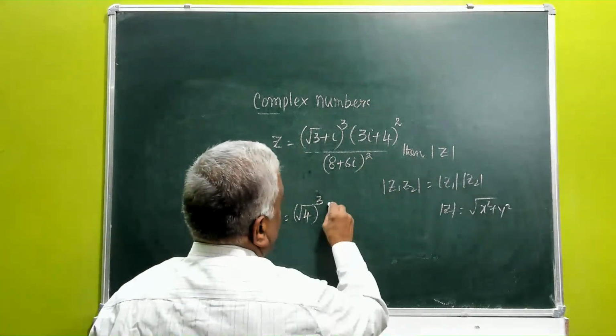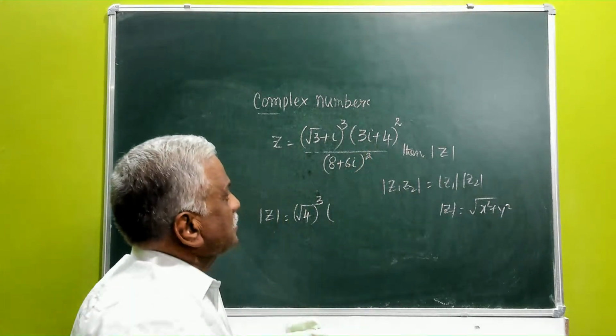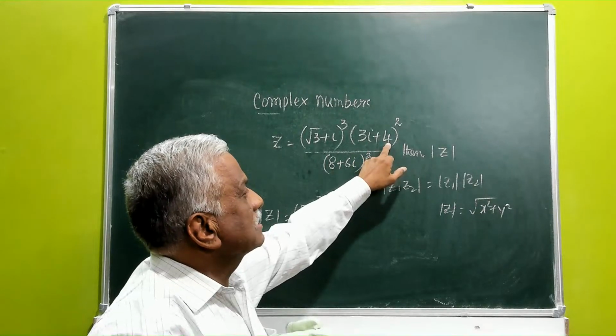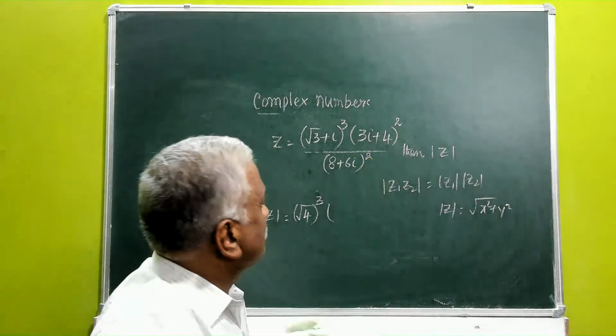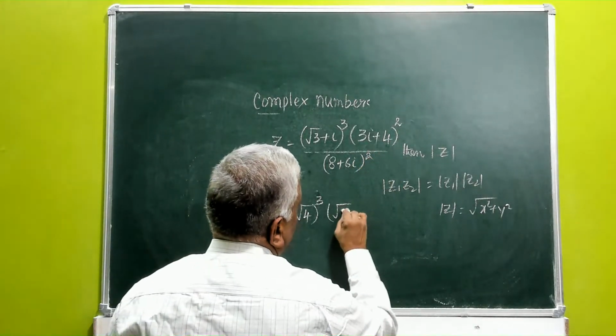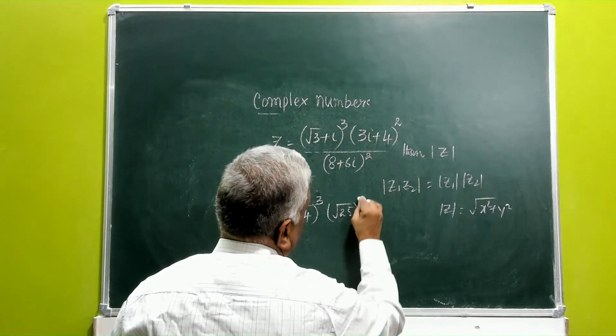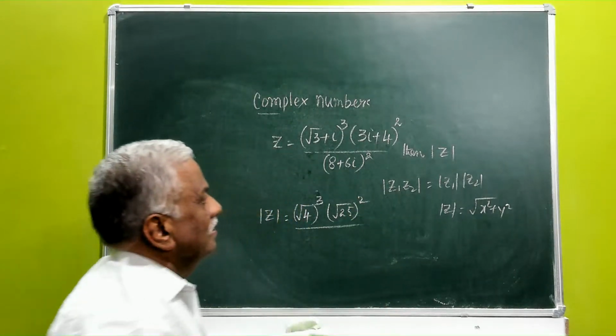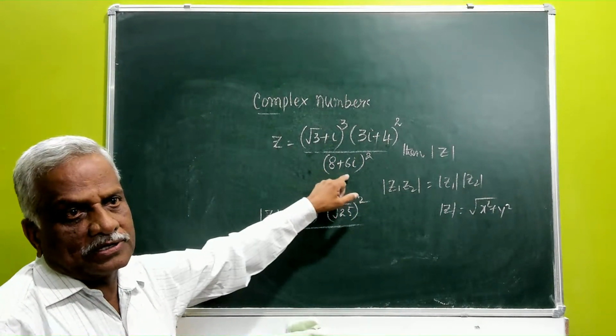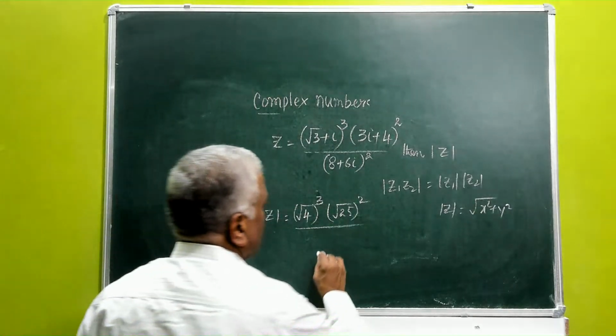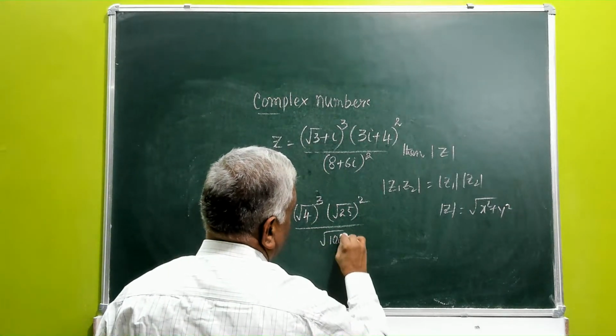And what about this? Here x square is 9, y square is 16, so root 25 whole square. And 8 square is 64, 6 square is 36, root 100 whole square.